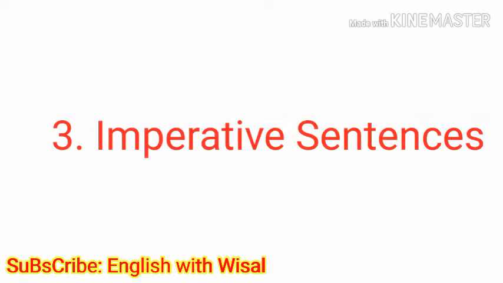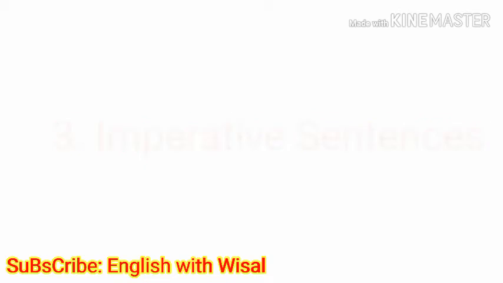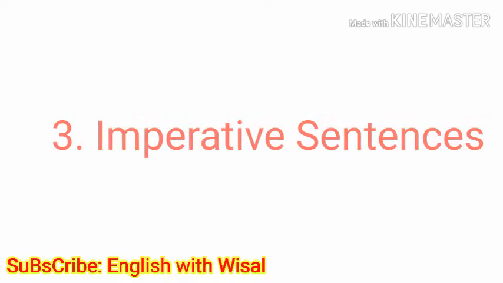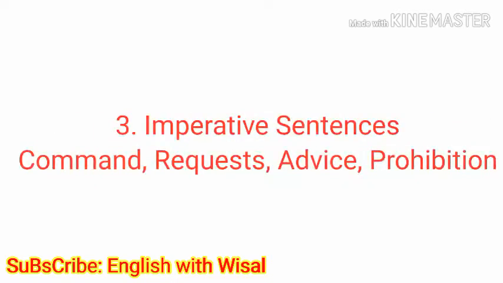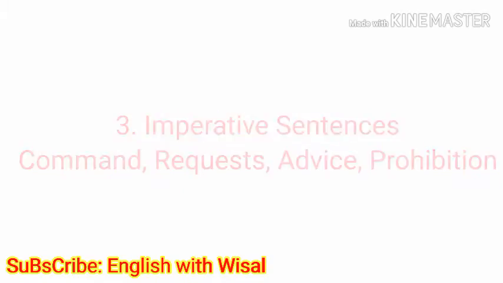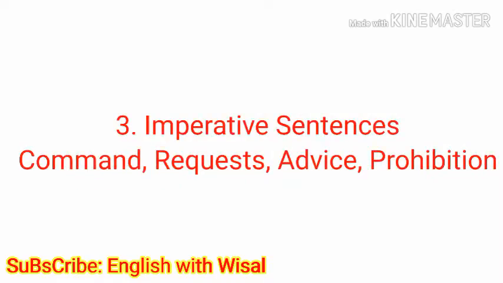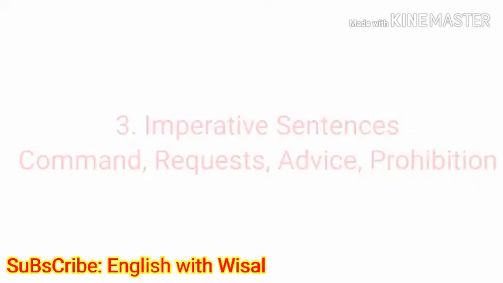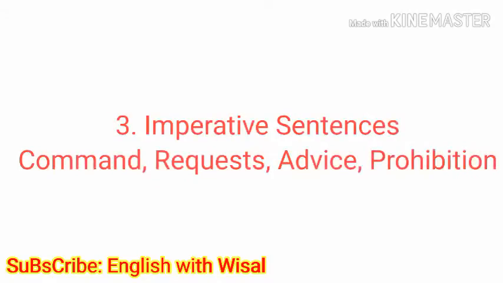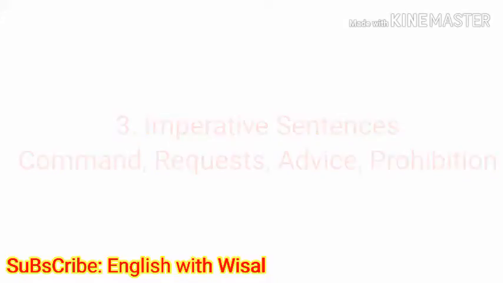The third kind is imperative sentences. Imperative sentences are those sentences in which we have commands, requests, advice, and prohibition. The first one is command. When we order someone to do something: come here, go there, sit down, stand up, these are all commands.